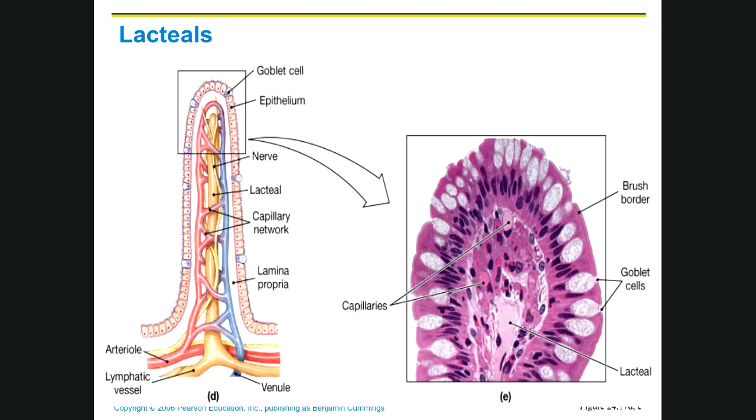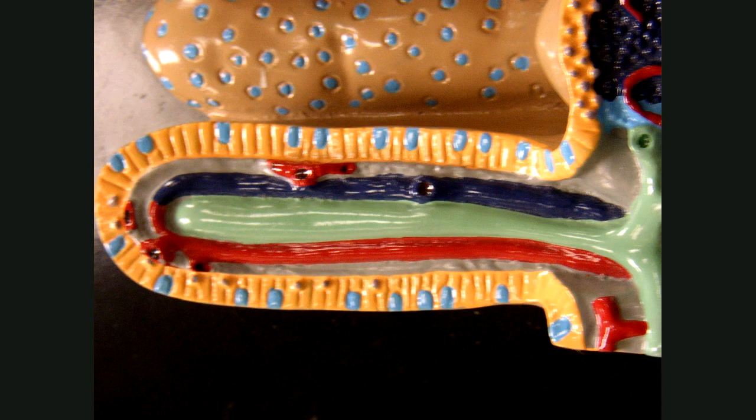This is a picture from one of the labs that we would have if we had had it. There's a blood capillary inside this small intestine, and there is this lacteal.